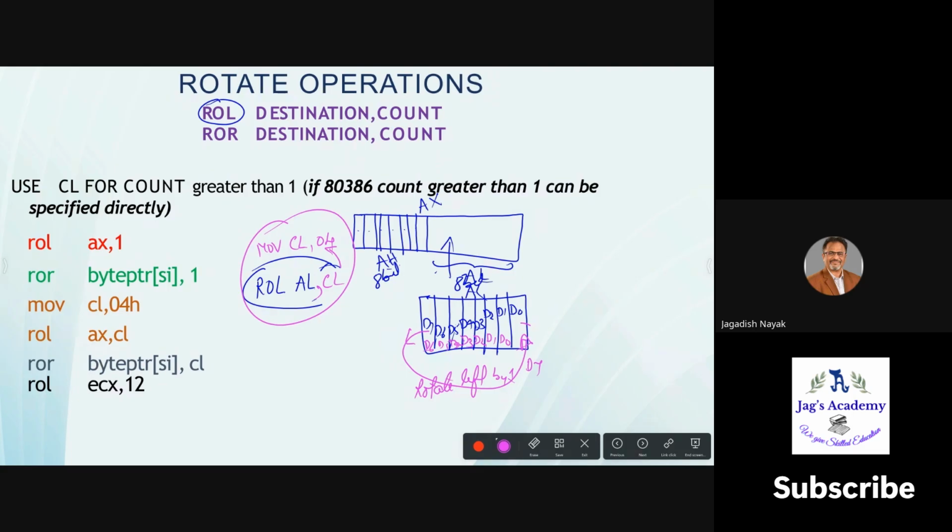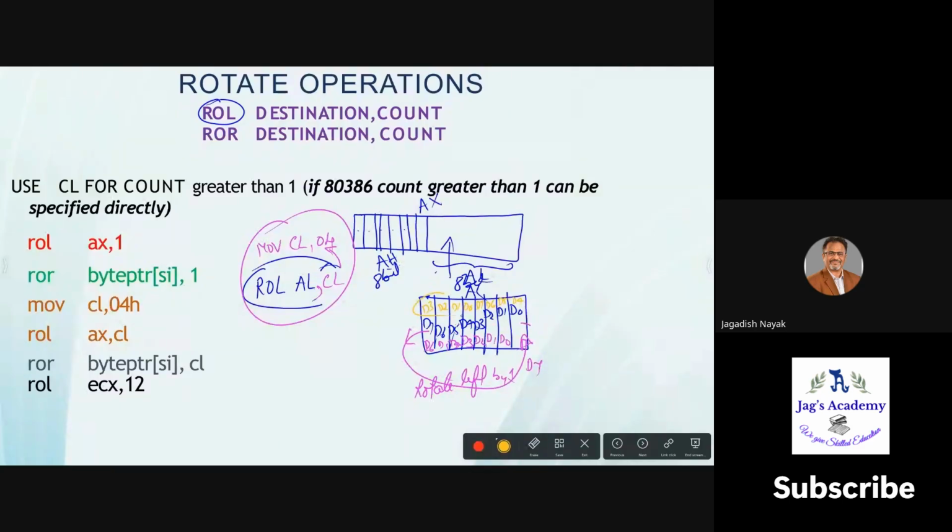Then tell me, what will be the final content of this register? Where will D0 come? Where will D7 come? D7 will come here, right, after rotating 4 times. Then D6 will come, then D5, then D4 will come here. Then D0, D1, D2, D3.